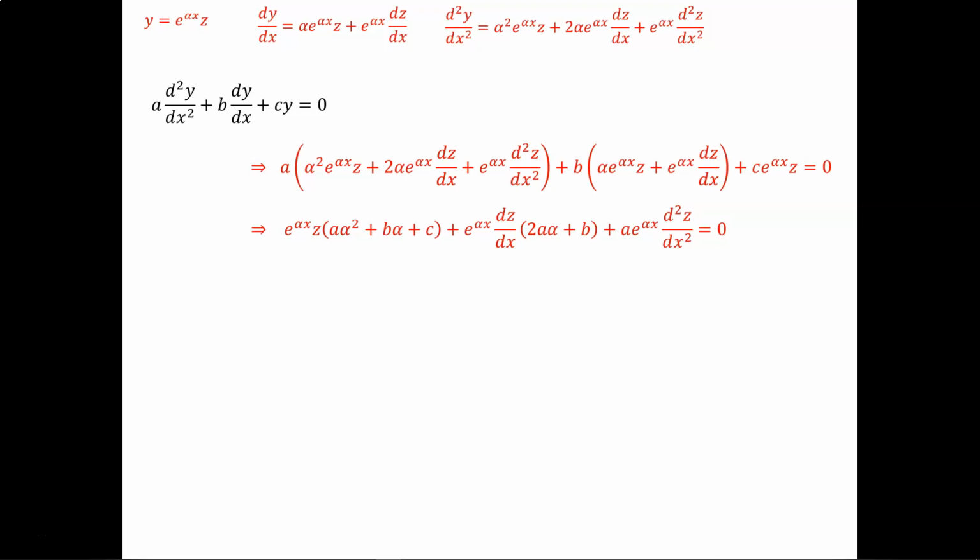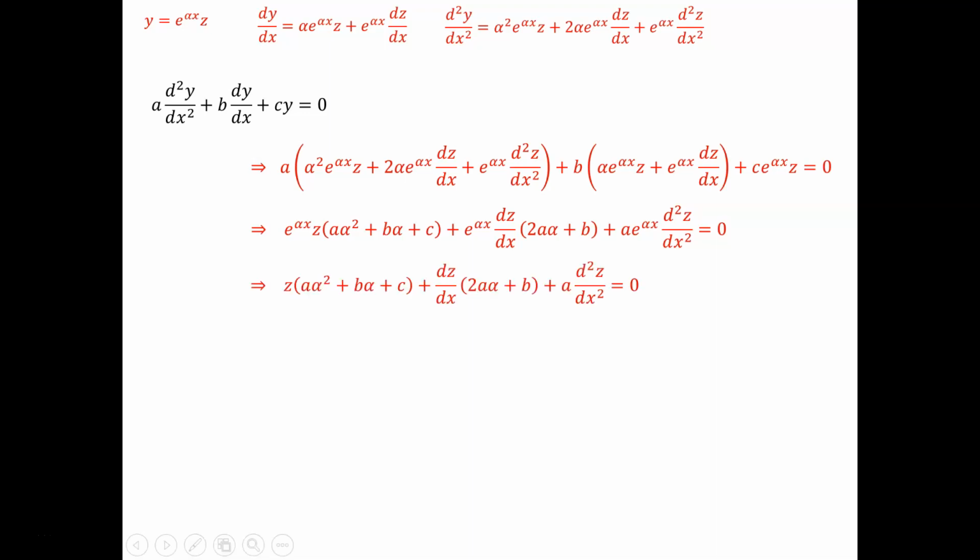Now we can clearly divide the whole of this equation through by e to the alpha x to obtain z times a alpha squared plus b alpha plus c plus dz/dx times 2a alpha plus b plus a times d2z/dx squared equals 0.